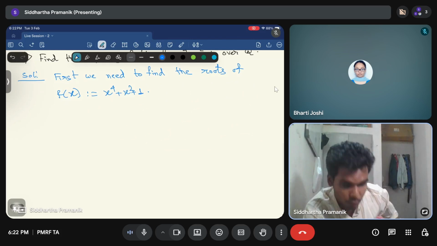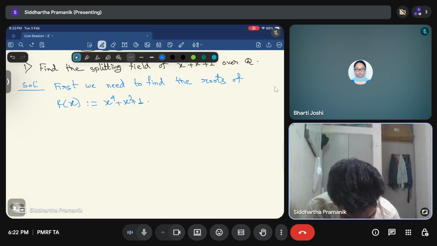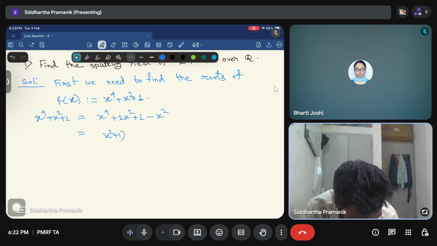This is a degree 4 polynomial, so there are lengthier processes, but in this case we can do it easily. Observe that we can write this polynomial as x^4 + 2x^2 + 1 - x^2, and this is basically (x^2 + 1)^2 - x^2.